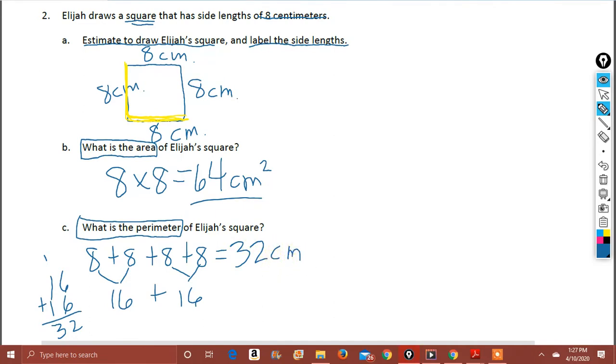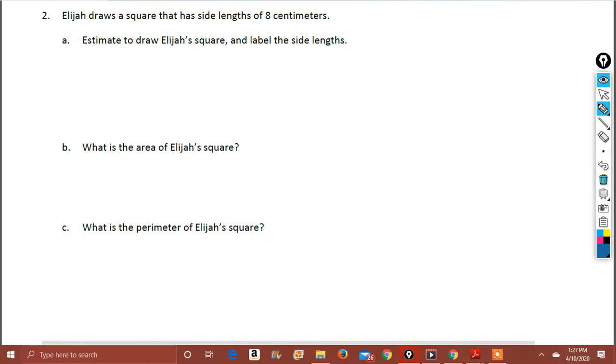Or, since all of these side lengths are equal, I can use multiplication to help me. And I will see that I end up with the same answer. Each side is 8 centimeters. There are 4 sides, so 8 times 4 is 32 centimeters. So the perimeter of Elijah's square is 32 centimeters.